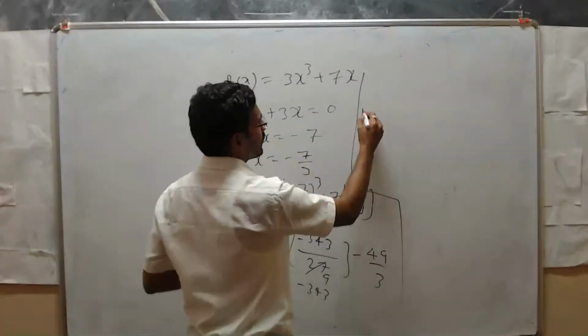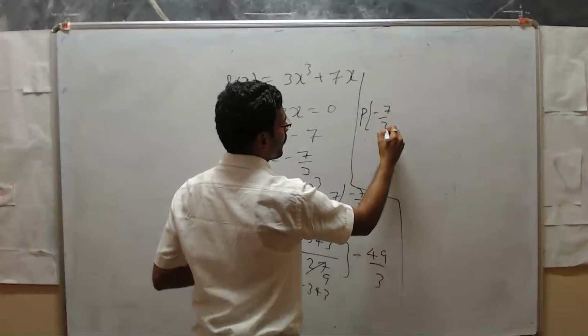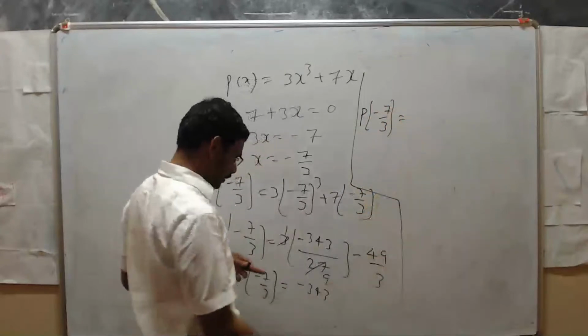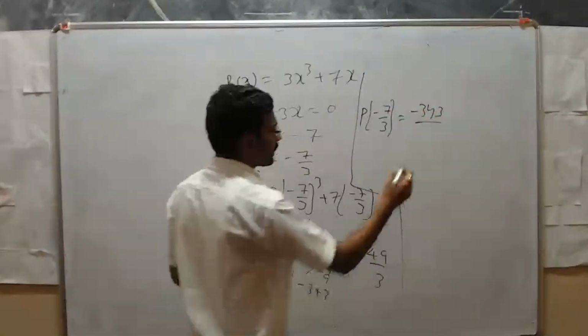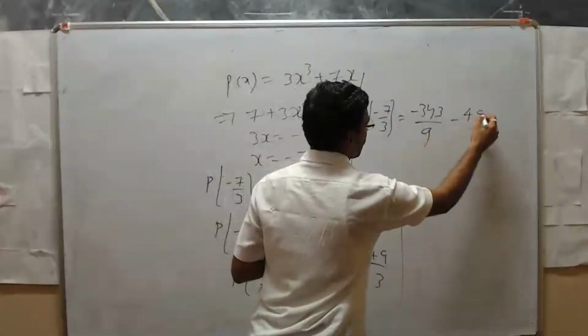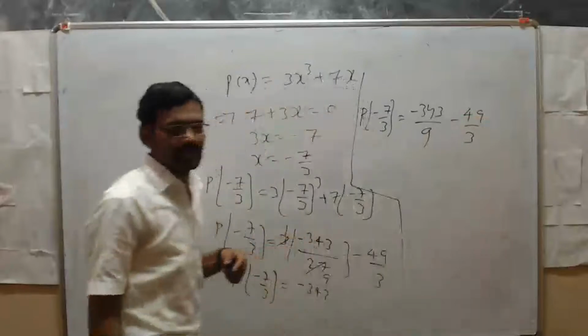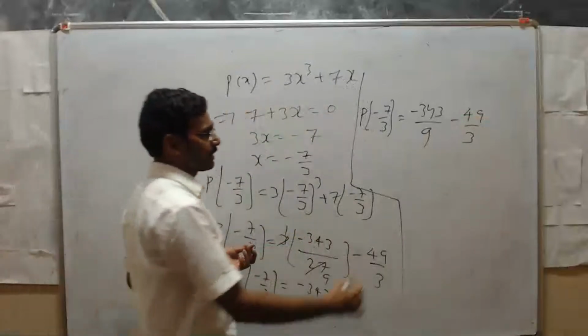P of minus 7 by 3 is equal to minus 343 by 9 minus 49 by 3. What is the LCM of 9 and 3? It is 9.